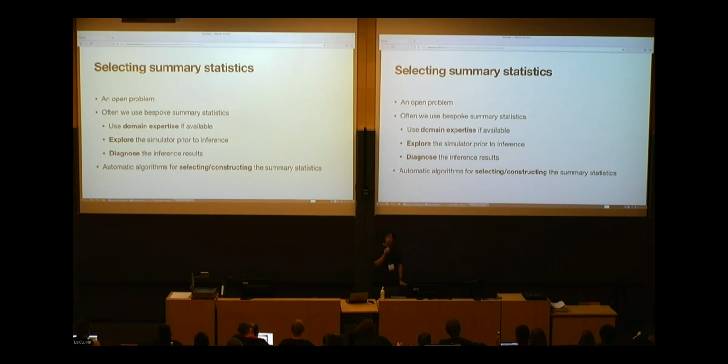But what we usually do is use bespoke summary statistics. We use domain expertise, because people who have dealt with cancer simulators or whatnot have unique insights on what features of the data are important for the outcome, for example. The computational approach is exploration of the simulators, because you can always simulate data.